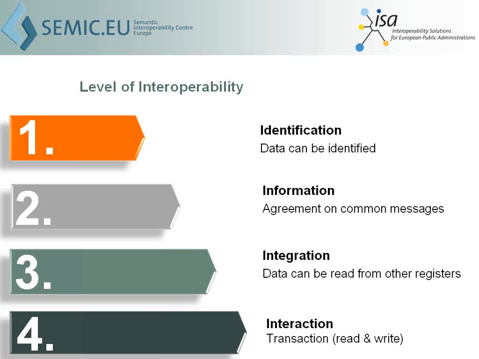A lot of use cases only focus on identification. For instance, there is the insolvency register of the e-justice portal project, and they only try to identify whether company X is insolvent or not. So once you get a response from this federation of national registers and the company is not in the register, this will mean that the company is not insolvent.